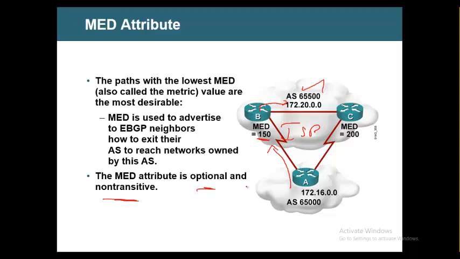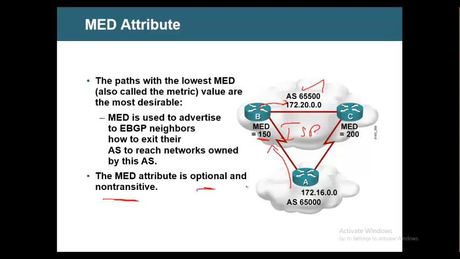Again, I'm sorry. On C, the MED value is configured as 200. On B, it is 150. You said lower is preferred, right? Yeah, lower is preferred. B knows about its value and C knows about its value.